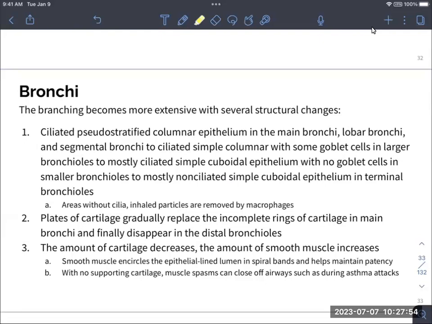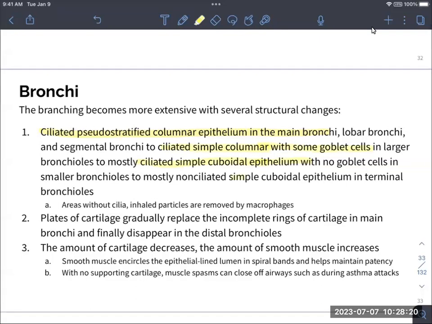The main bronchi, lobar bronchi, and segmental bronchi are ciliated pseudostratified columnar epithelium. They will go into ciliated simple columnar epithelium with some goblet cells. They'll start going to ciliated simple cuboidal epithelium.